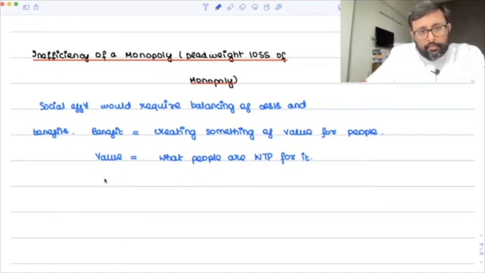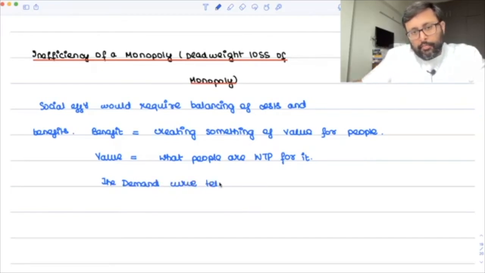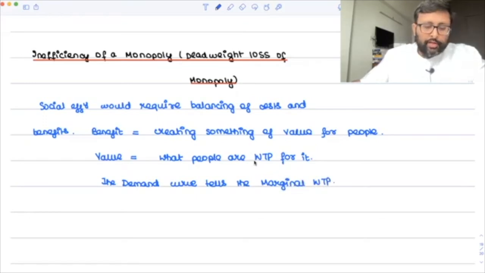The demand curve tells the marginal willingness to pay. So basically what the demand curve is telling us is what are the benefits being appropriated by the society when the firm is creating some product.